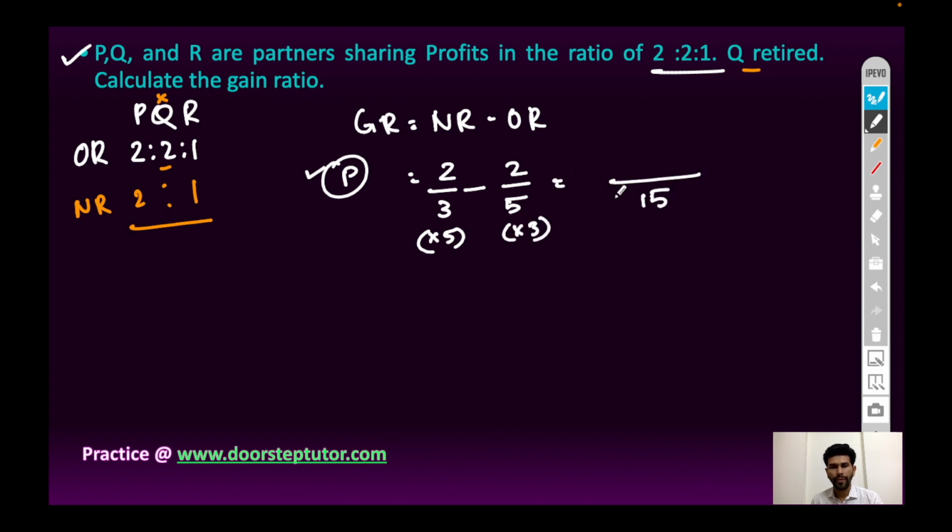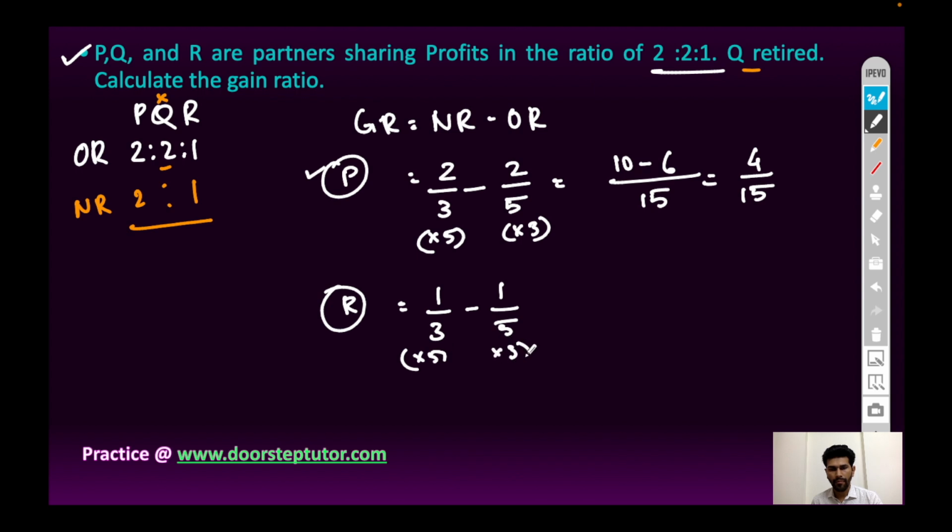Then 5 multiplied by 2, 10, minus 2 multiplied by 3, 6, 4 by 15 for Mr. P. And for Mr. R, new ratio is 1 by 3 minus old ratio is 1 by 5. 5 into 1, 5, minus 3 into 1, 3, 2 by 15.